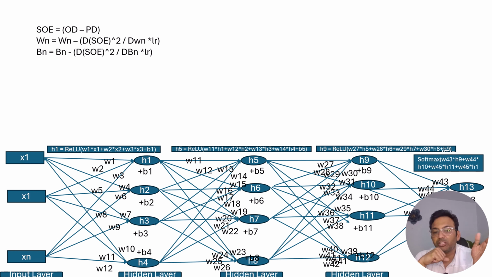We find the derivative with respect to weight 1, weight 2, weight 3, and so on, and similarly for bias 1, bias 2, bias 3, and so on. For each we find the step size, tune the values, and keep iterating until we get the expected results. So that's how backpropagation works.